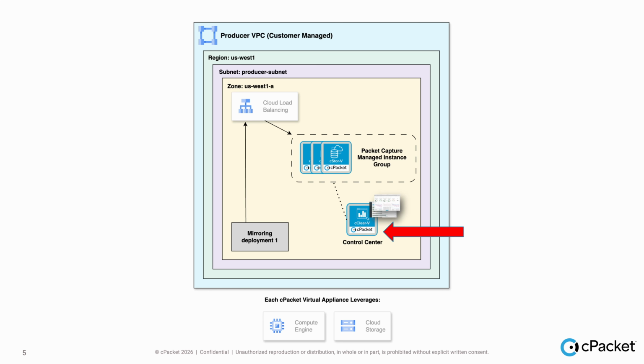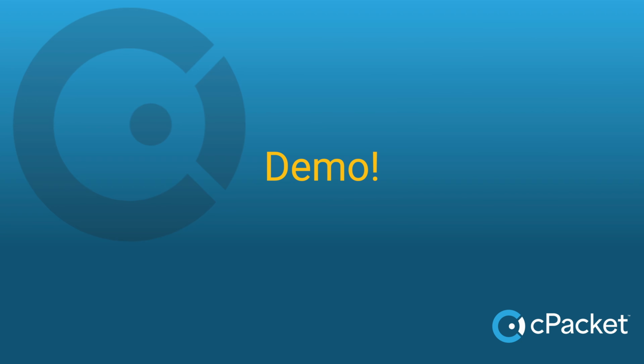What I'll show in our demonstration today is how our cClear-V, which is running conveniently in Google Cloud, can pull in metadata from cStor-V virtual and physical appliances and show that in a single view from a management console. So that's what I'll be demonstrating today, and let's jump right into the demo.